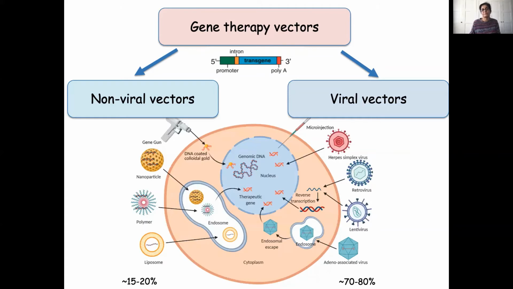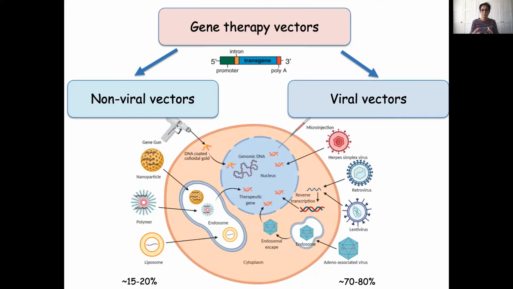Most of these therapies that have been trialed use viral vectors. And as the name suggests, we use viruses in this case. Viruses have an inherent capacity to get into our cells, and they are very good at taking their genome and putting their genome into our cell. There are different types of viruses.